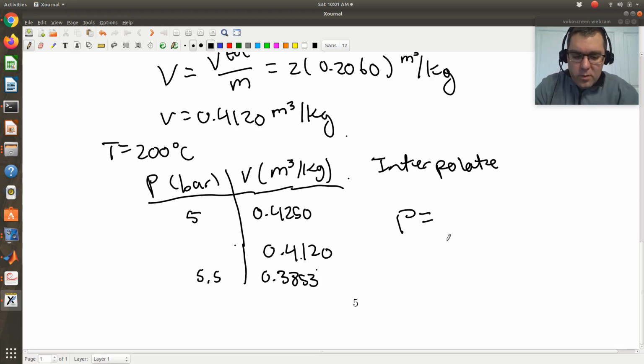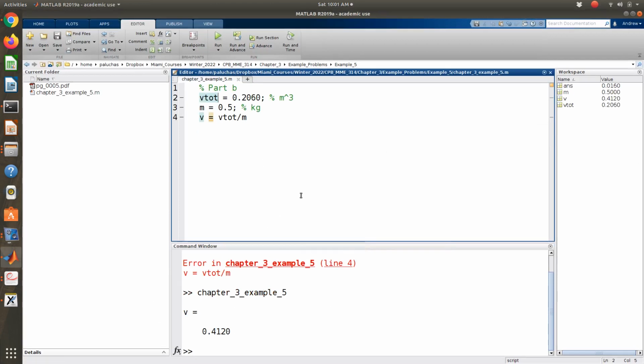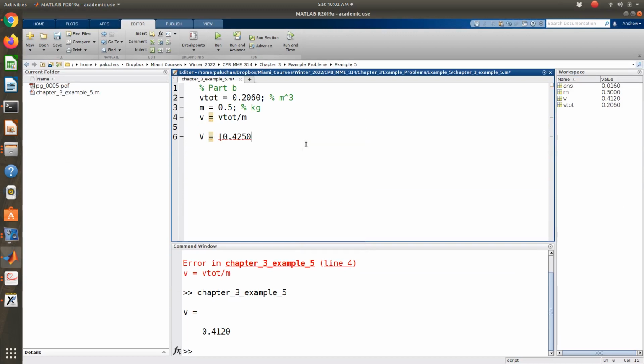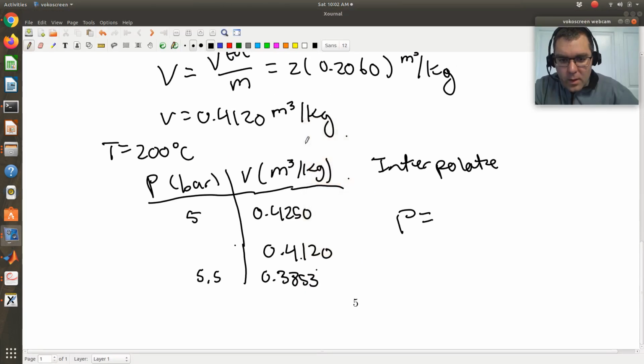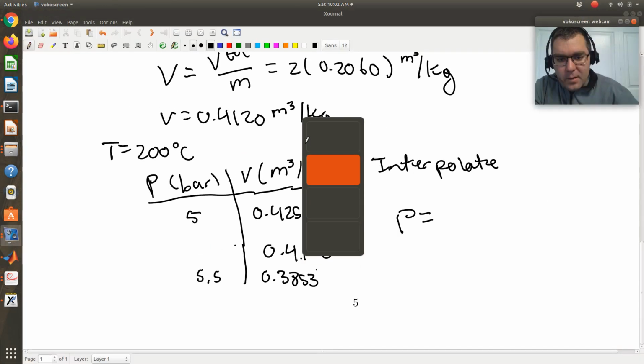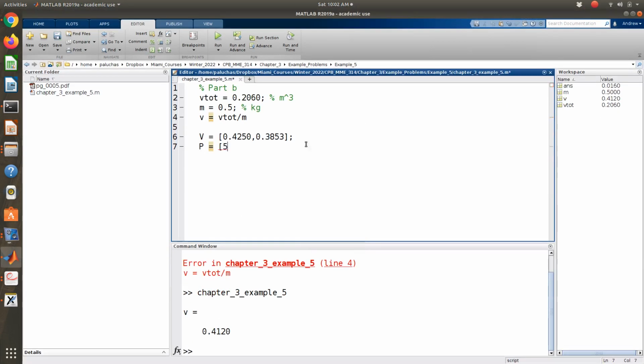To do that, I'm going to create a vector of my volumes. My volumes are 0.4250 and 0.3853. I have my vector of pressures, which are in bar. I'm not worried about converting here, and that's 5 and 5.5.